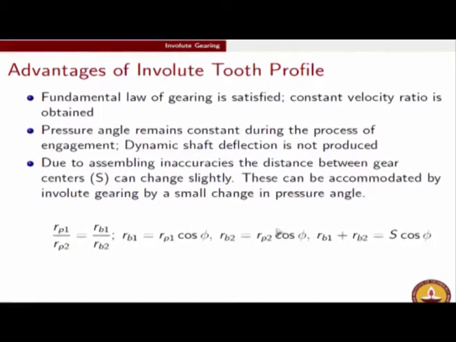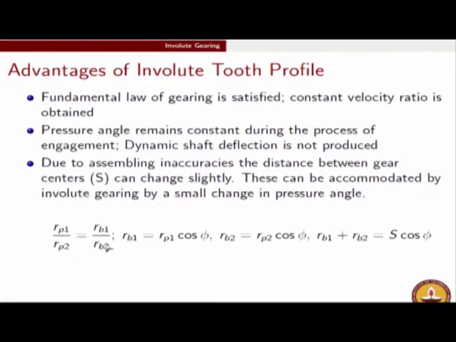What will change is just the pressure angle, and we will show that through a calculation probably in the next class. So at this stage I will just ask you to take this on good faith that if there is a small change in distance between the gears due to assembly related inaccuracies, that can be accommodated by our involute gearing, and the only repercussion of such inaccuracies will be a change in pressure angle.